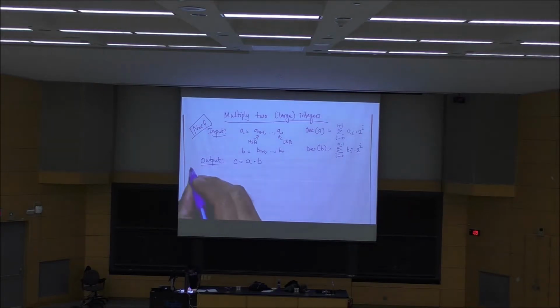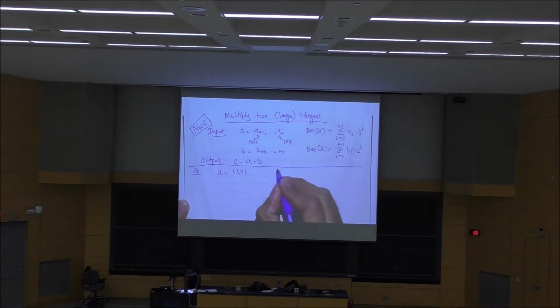All right, so for example, my A say is 1101, and this is the binary equivalent of 13. And B is say 0011, and this is the binary representation of 3.